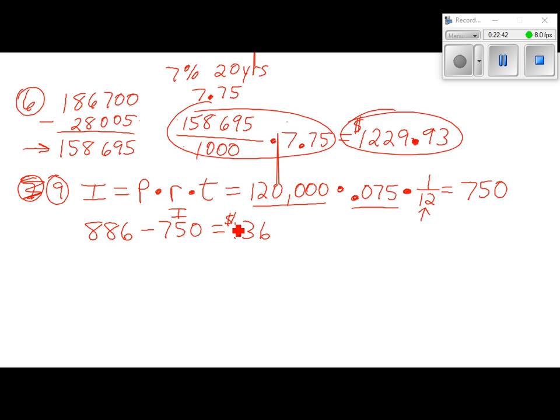So of that $886 that they paid, 750 of it went to pay the bank, and then only $136 went to the actual loan payment. But that 136 is your answer.